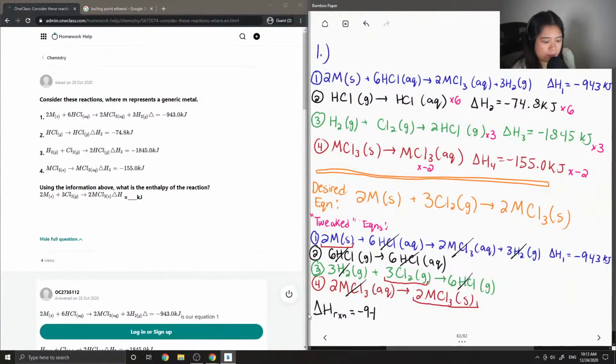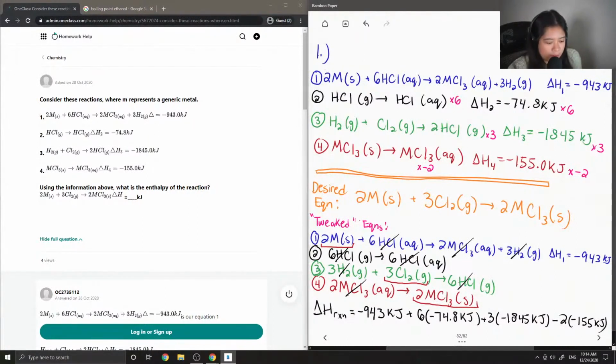So it's 943 kilojoules from reaction 1 plus 6 times negative 74.8 kilojoules, so that's from reaction 2, plus 3 times negative 1845 kilojoules, plus or minus, since it's a negative 2, we're going to minus 2 times negative 155 kilojoules.